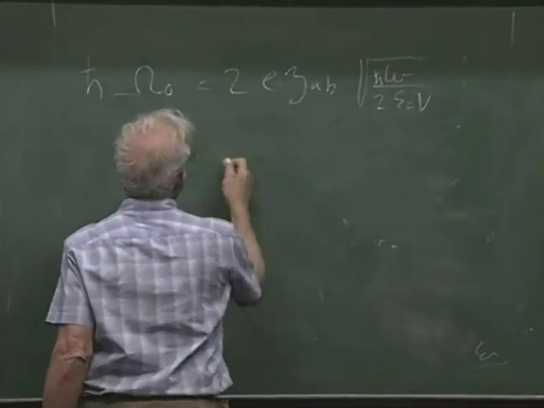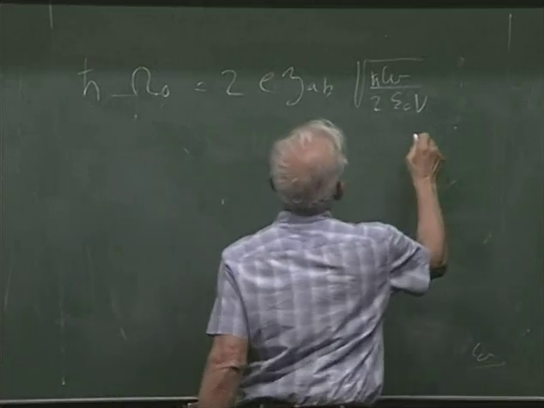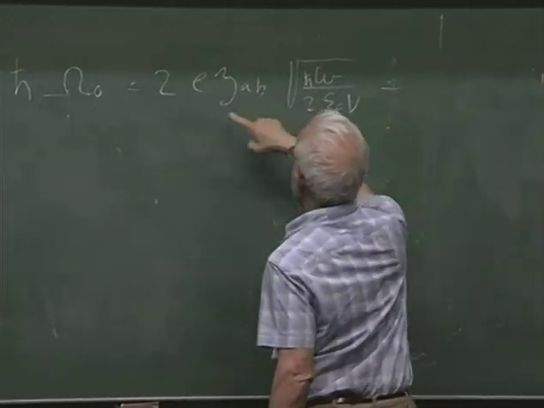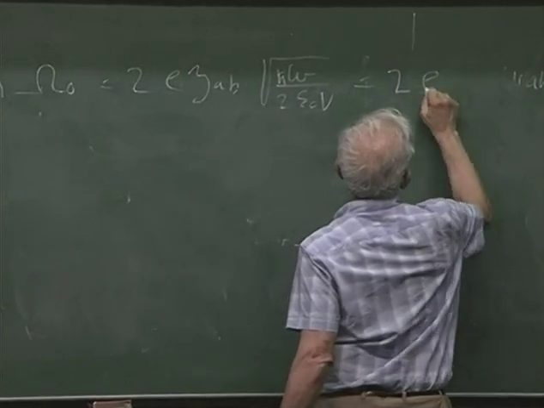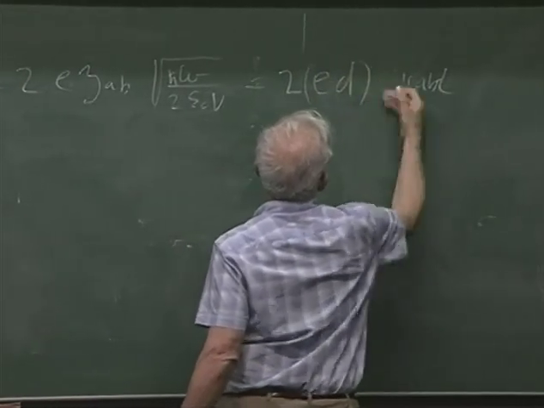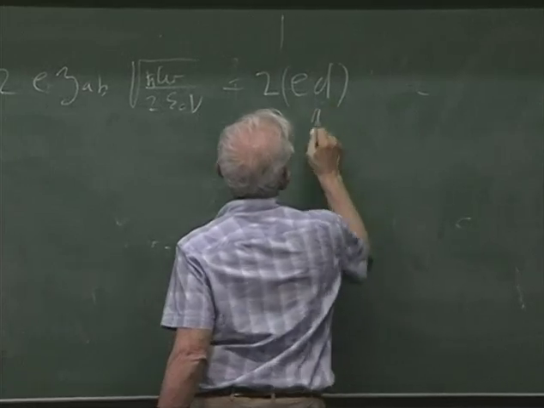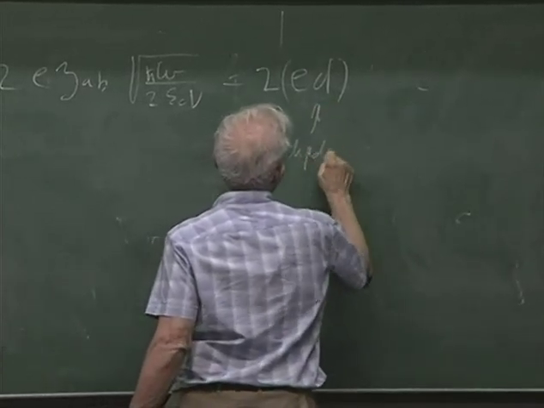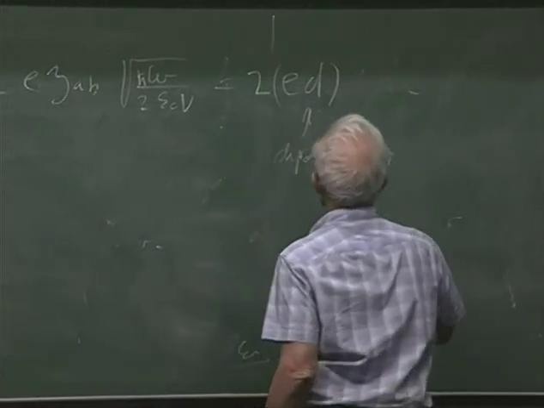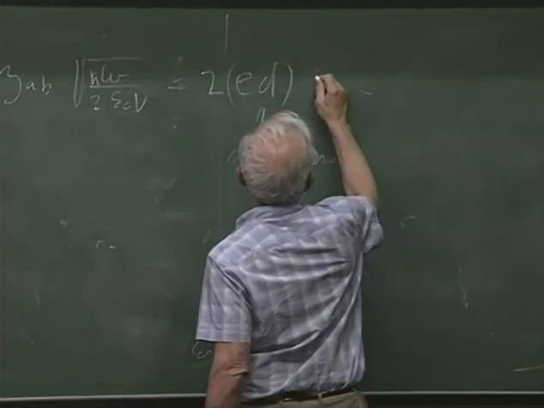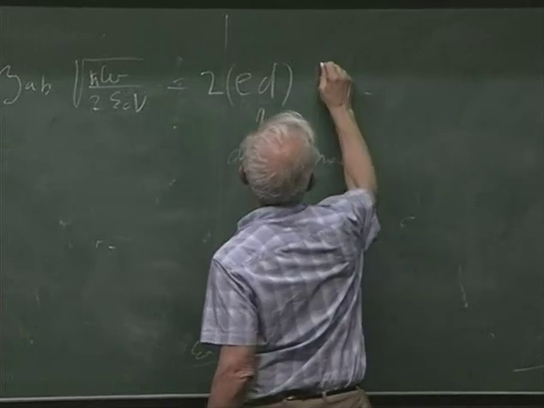So this, we can write this thing as E times D. This is a dipole moment, times a field over here.